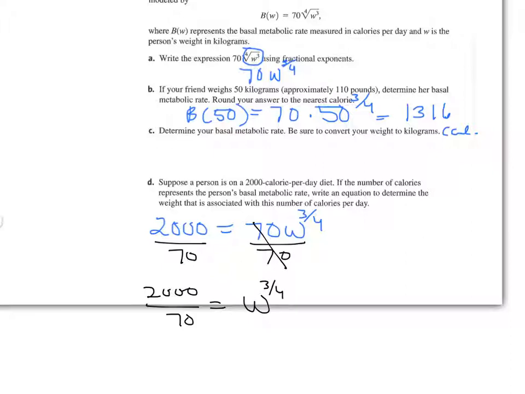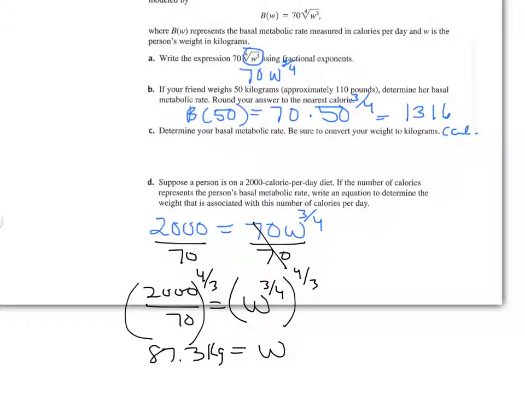To undo the 3/4, I have to raise it to the 4/3, which really means taking its cube root and raising it to the 4th. If you do this fraction raised to the 4/3, you get about 87.3, in kilograms. That's what someone's weight should be to consume 2,000 calories.